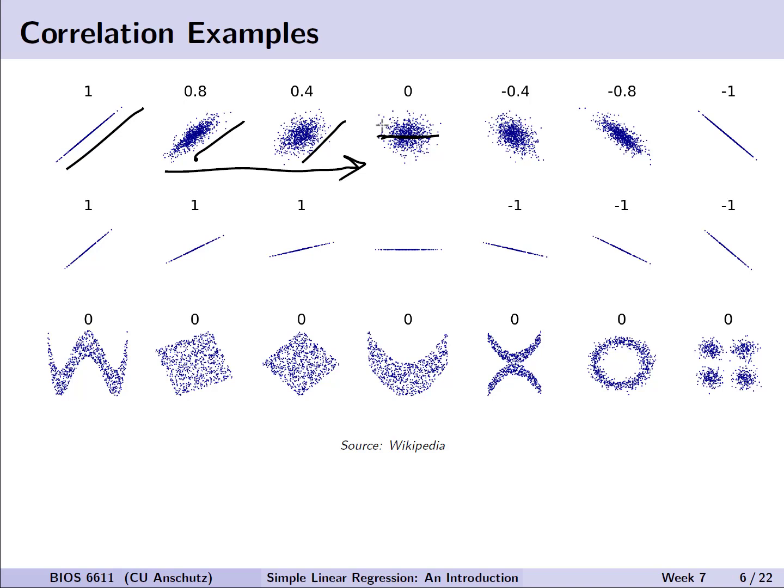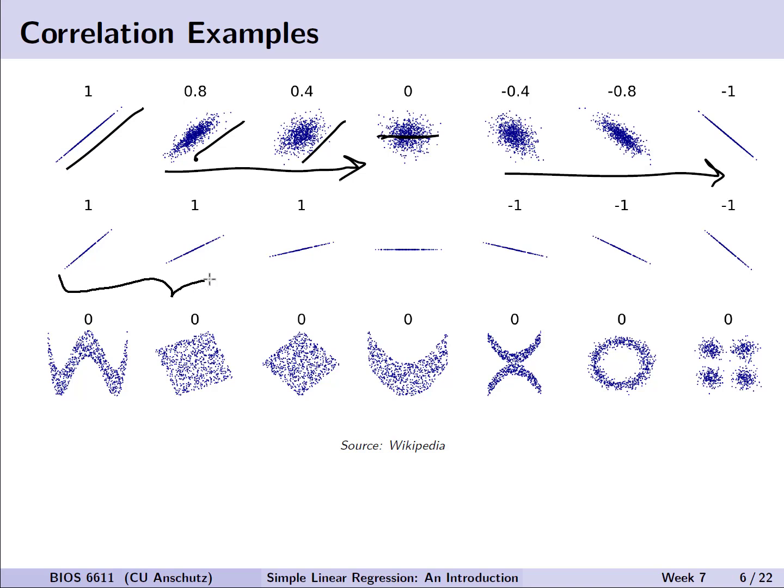We can then see the same pattern happening in reverse as we get increasingly negative with our correlation, with decreasing variability till we get to the far end, -1. In the second row, we can note similar trends. However, in this case, we're illustrating that the actual magnitude of that slope is not what's important when it comes to correlation. Instead, again, we're looking at that linear relationship between x and y.